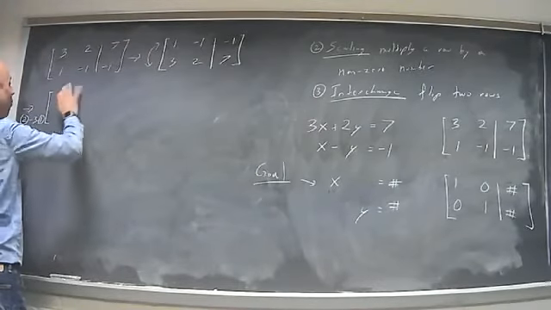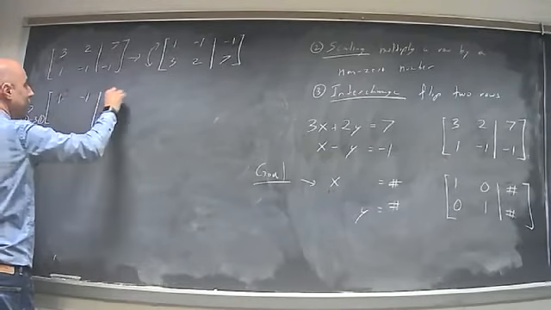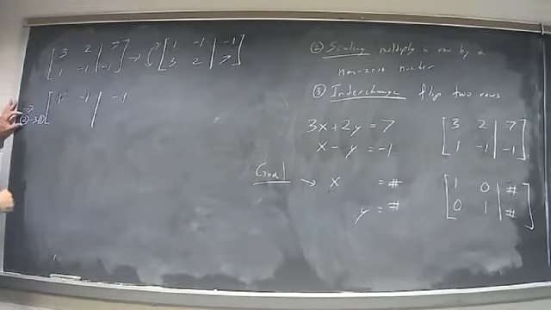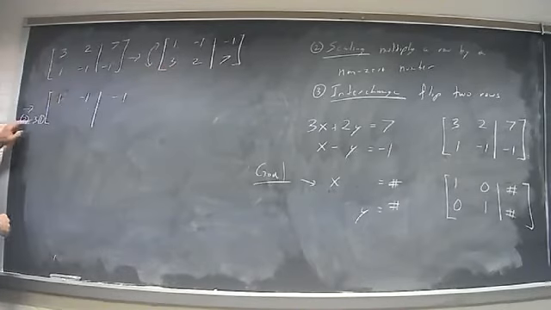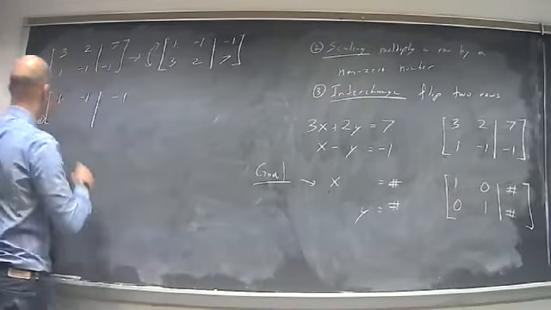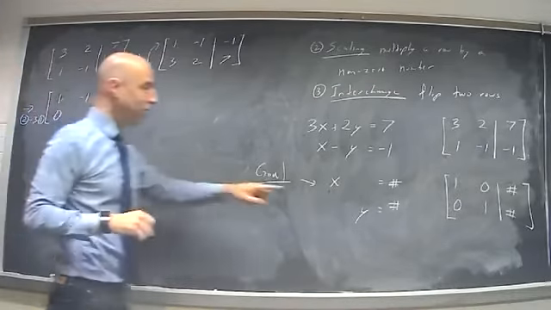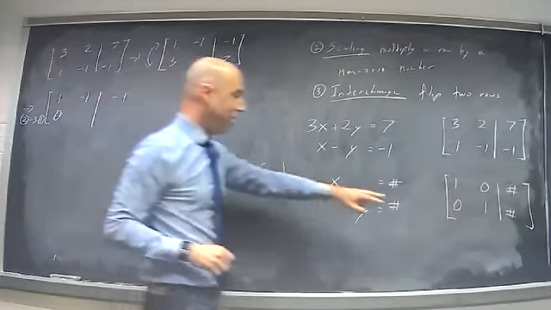It's still 1, -1, -1. But I'm going to take row 2 over here, and subtract off 3 times the first row. So 3 minus 3 times 1 is 0. That's what I wanted. I wanted a 0 there.